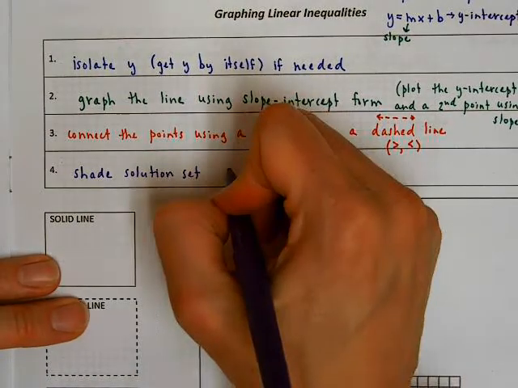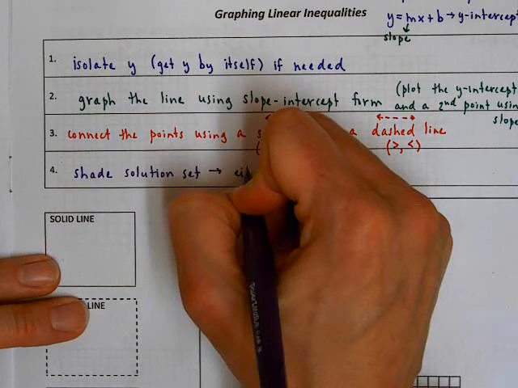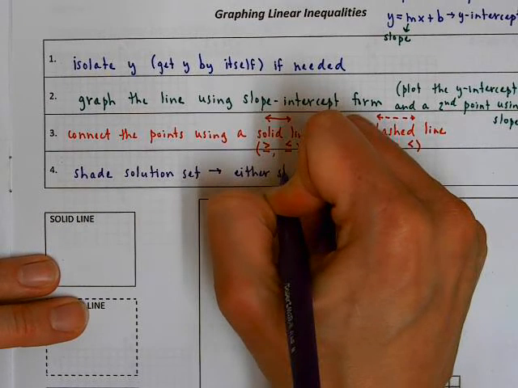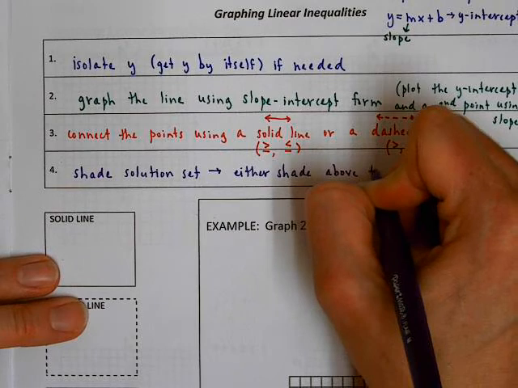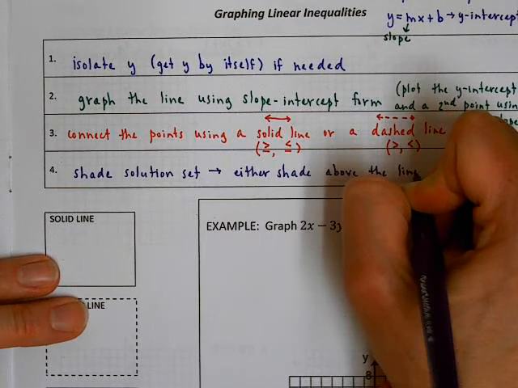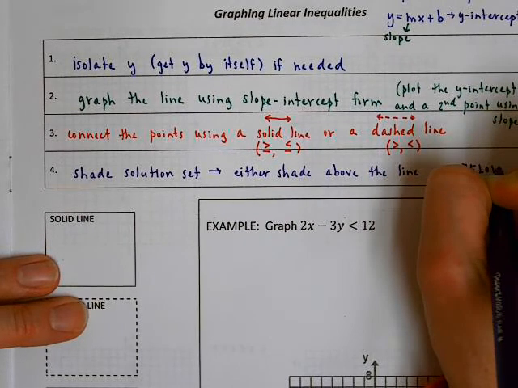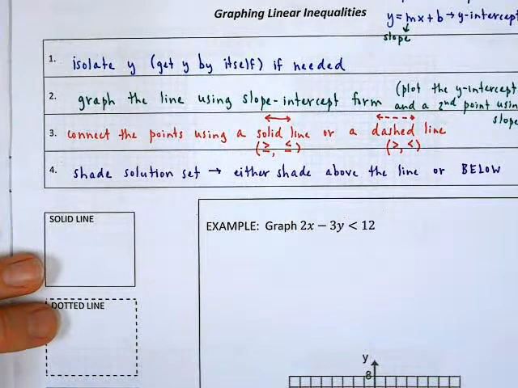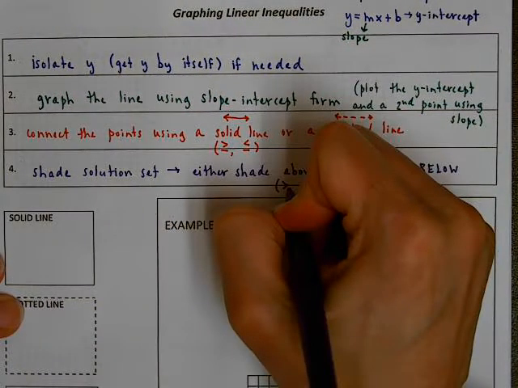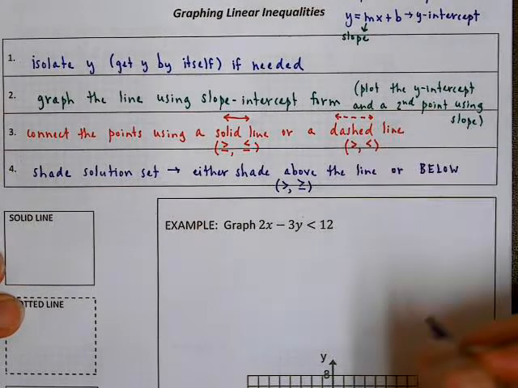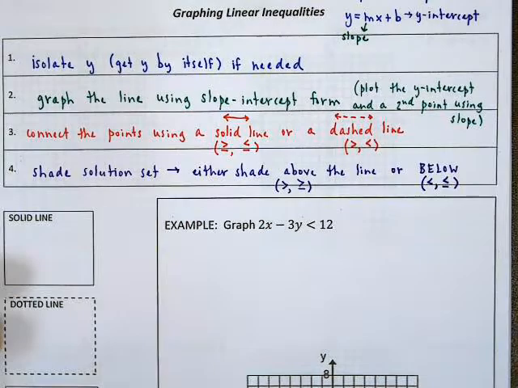But basically, we're either shading above the line or below. And the symbols associated with that, if I'm shading above, that means I had a greater than or equal to. If I'm below, that means I had a less than or equal to.